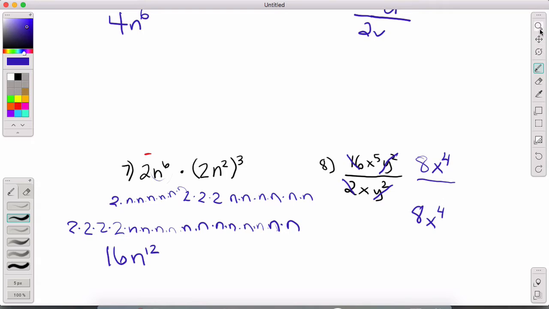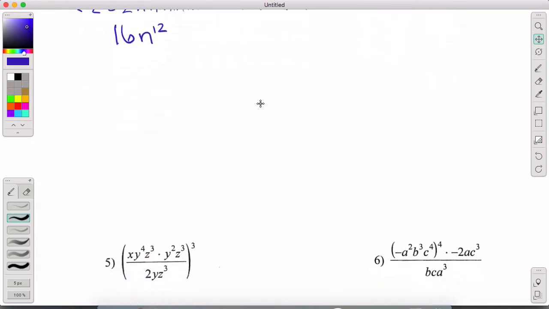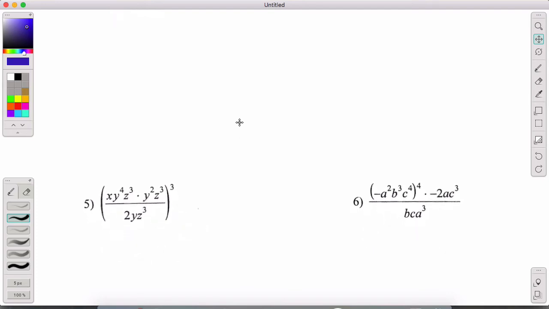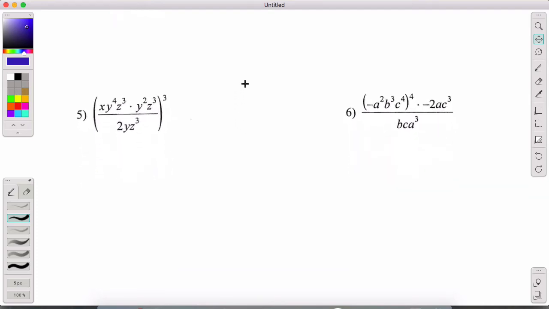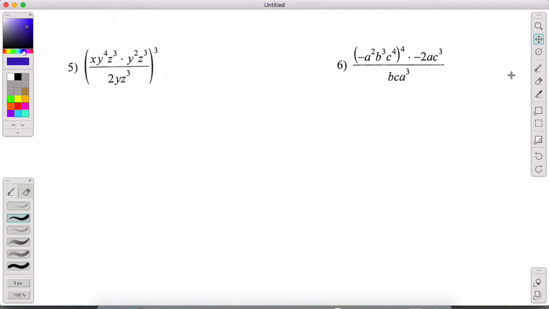Now let's look at a couple more examples where there's many things happening at one time. All right. We have some combining. We have power to a power.